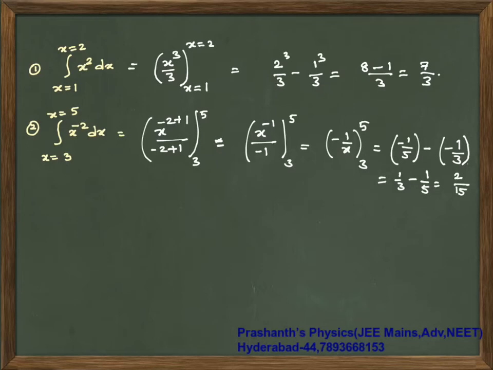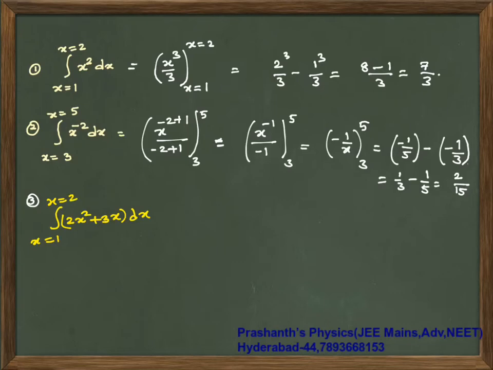Next, similarly, if you take the integral of 2x square plus 3x dx from x equal to 1 to x equal to 2.